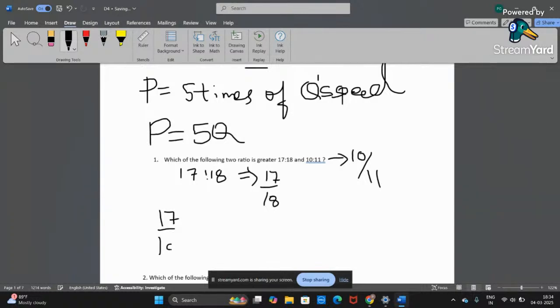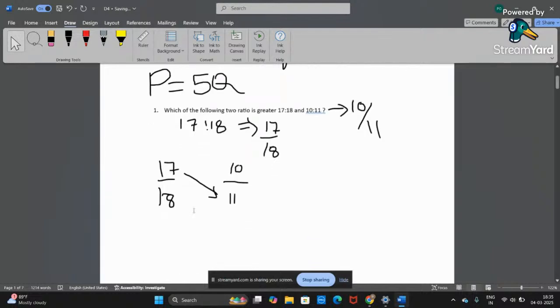17 by 18 and 10 by 11. First, we cross multiply this 17 into 11. What do we get? 17 into 11 will get 187.